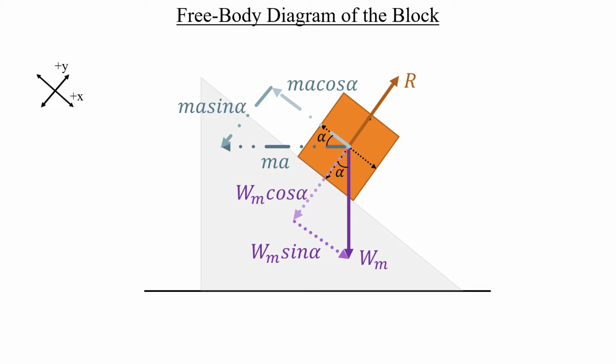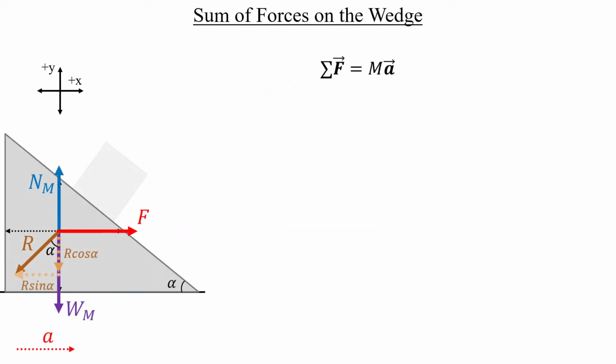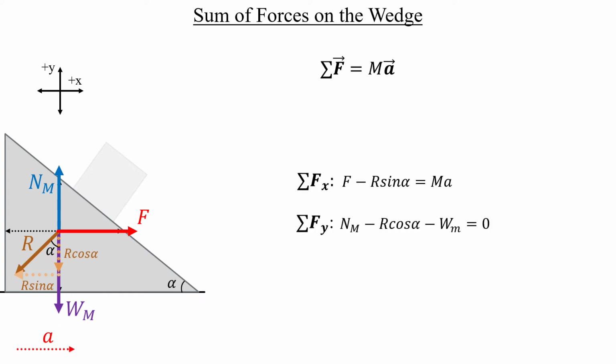Time for the sum of forces on the wedge. In the x direction, we have a single line that can't be simplified any further, so let's take a look at the sum in the y direction. Unfortunately, there's not really anything helpful here either.